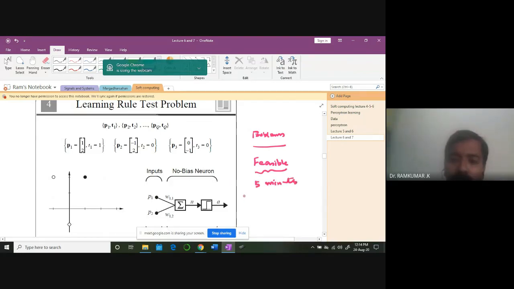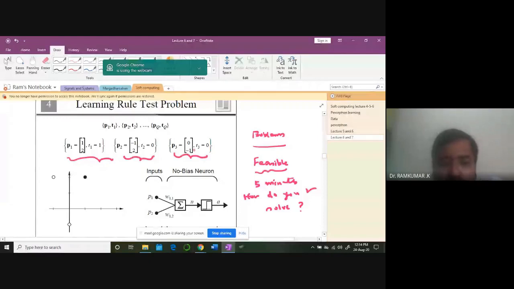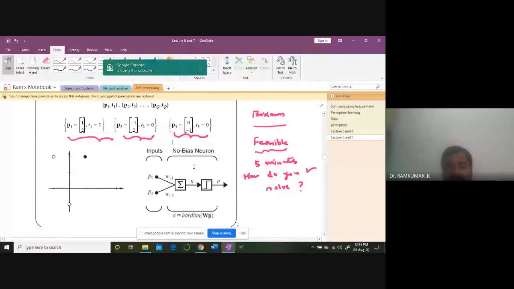How do you solve this problem? How do you find the weights for these given three patterns? If you work it out on your own, how do you do it? Just think and let me know. I'll give you 2 to 3 minutes.